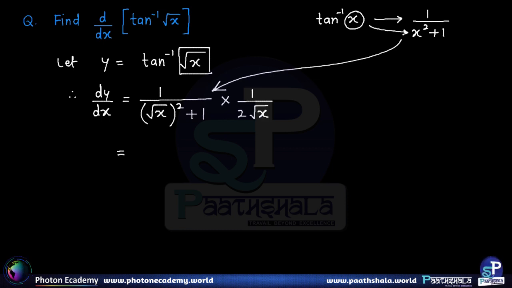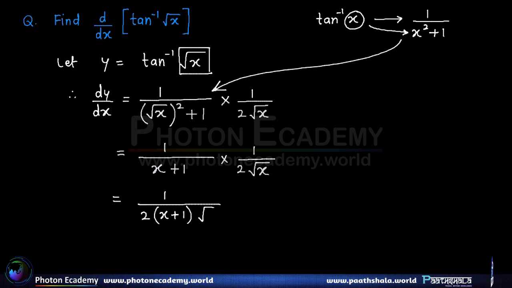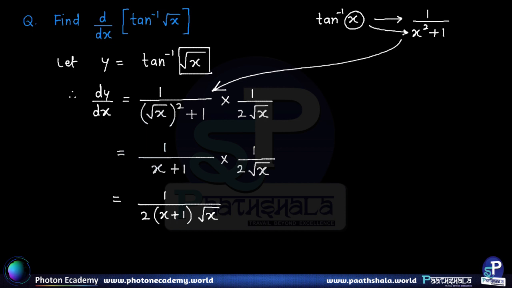So simplifying this, we have 1 upon root x square plus 1, which is x plus 1, into 1 upon 2 root x. So you can just write it simply as 1 upon 2 into x plus 1 into root x. That's it. So that's the final answer.